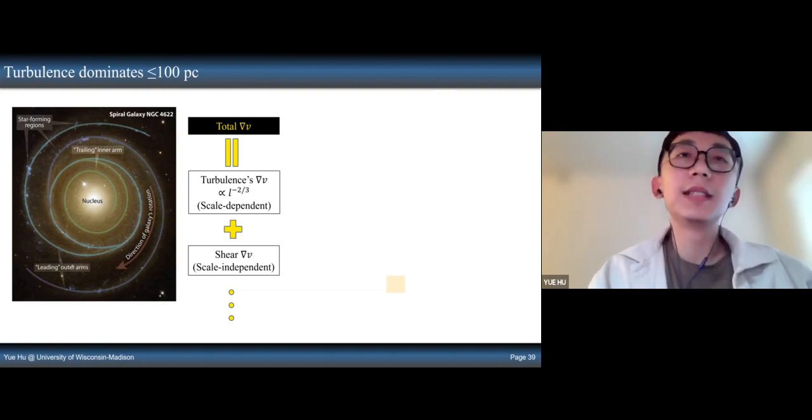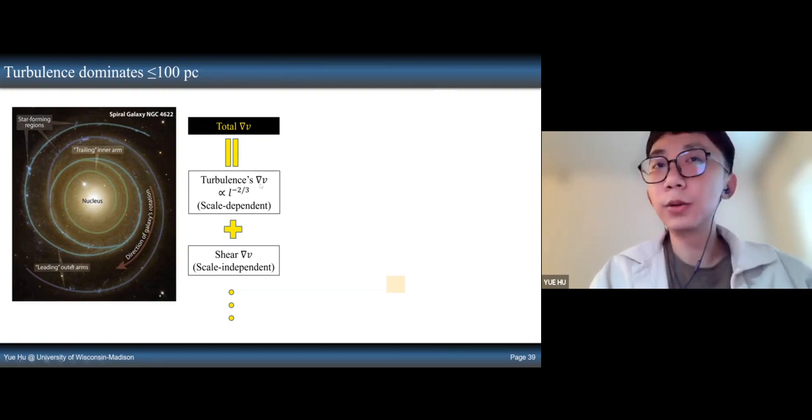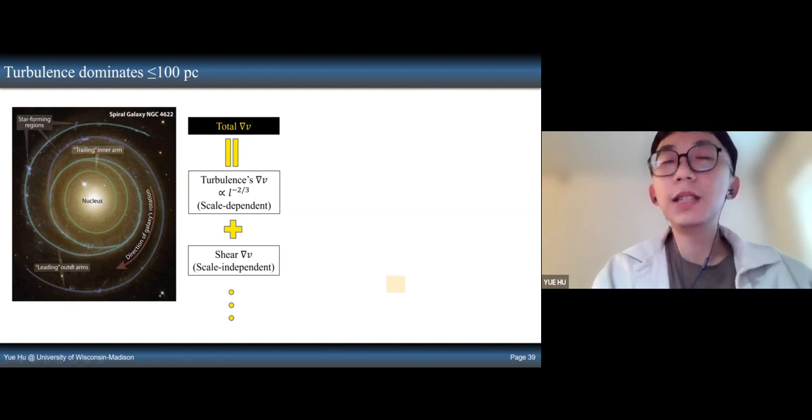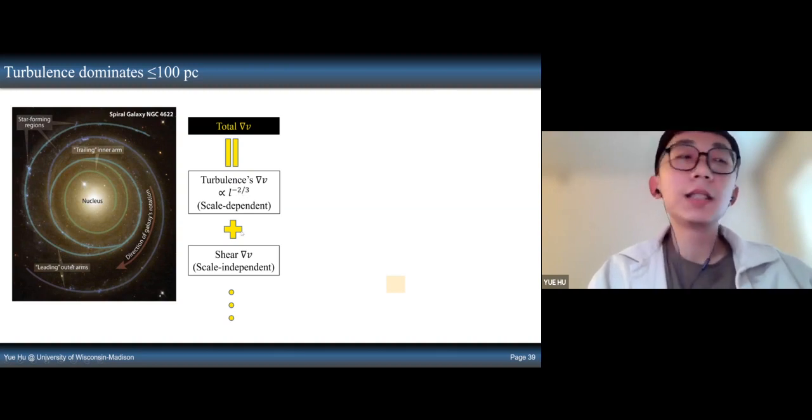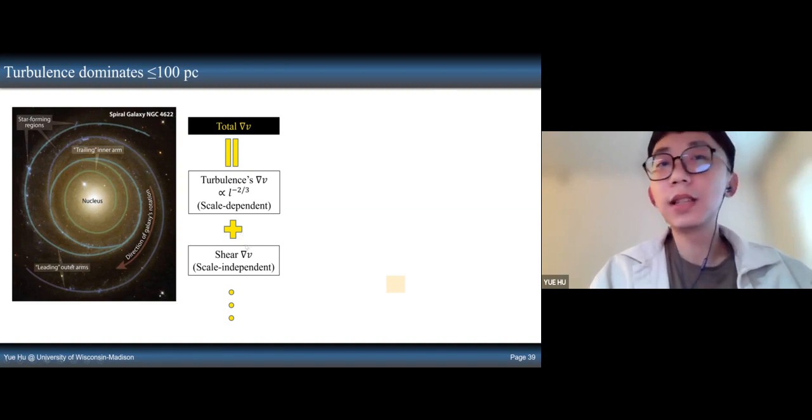But notice that the turbulent velocity gradient is scale dependent. Its amplitude increases at a smaller scale because it's proportional to L to the power of 2/3 minus 2/3. The amplitude increases at a smaller scale. But the velocity gradient is scale independent for shear velocity.